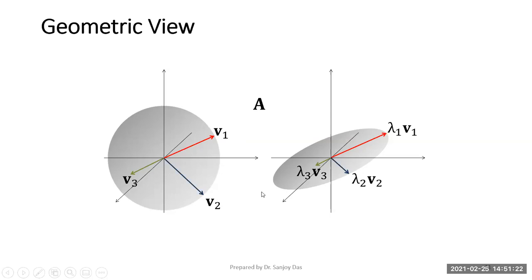So these give us the directions of stretching, and the eigenvalues tell us how much it will stretch or compress. That's for spectral decomposition. And remember, V1, lambda 1 V1. V2, here lambda 2 V2. So the directions are the same.